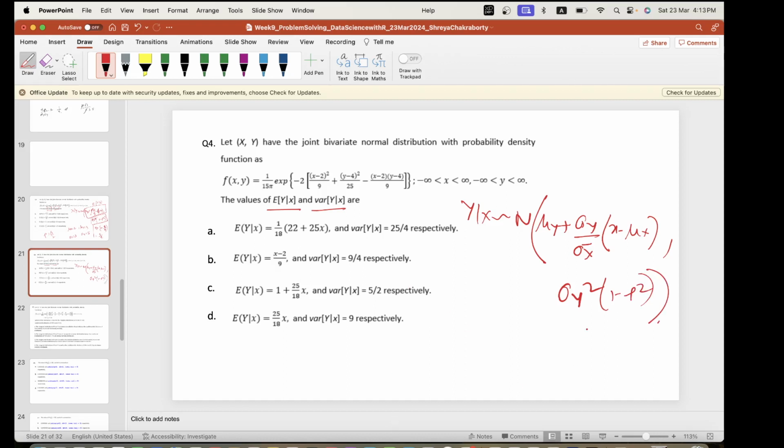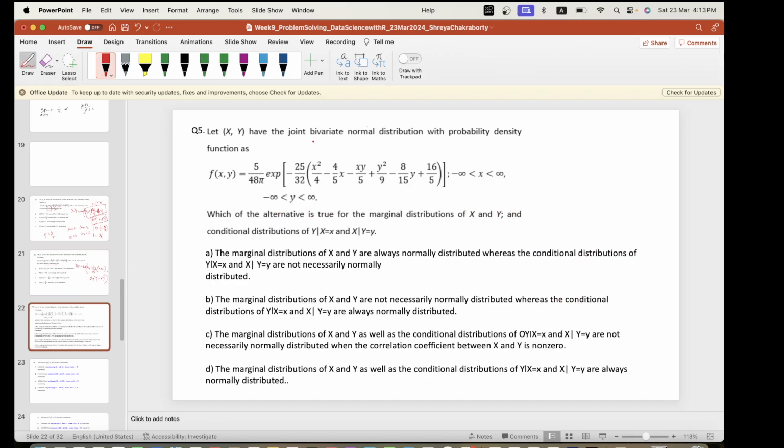Now you know rho, you know sigma y, you know sigma x. Just plug in the values and you would get this.